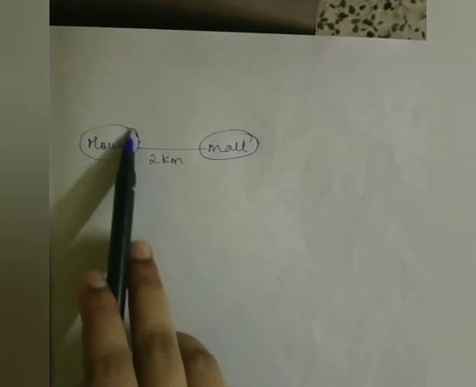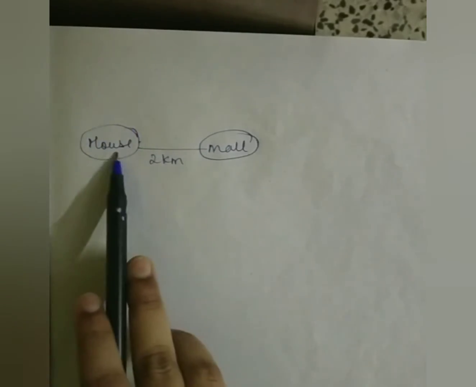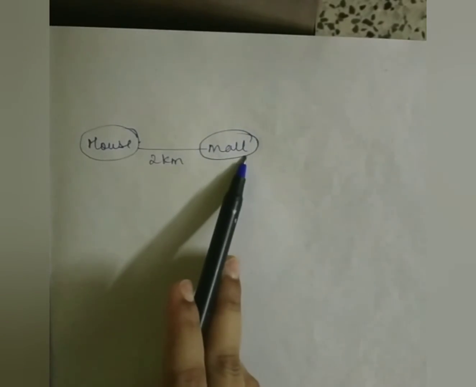Now when we are using this term 2 kilometers, this 2 kilometers we are measuring from the house. So this house is your starting point, or the reference point with respect to which you are deciding your present position or the final position.